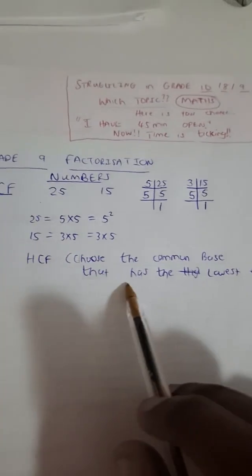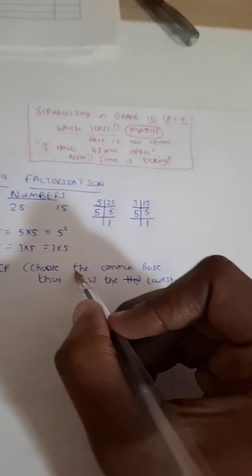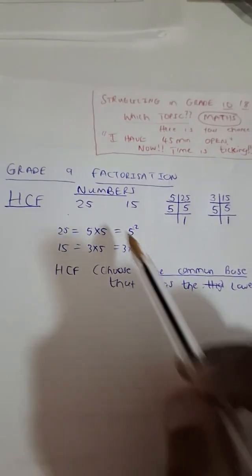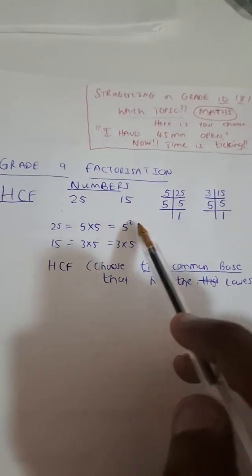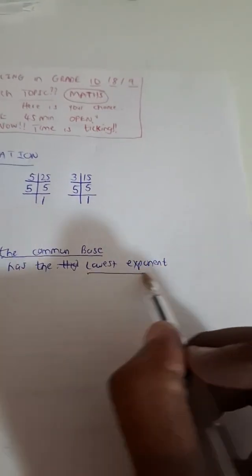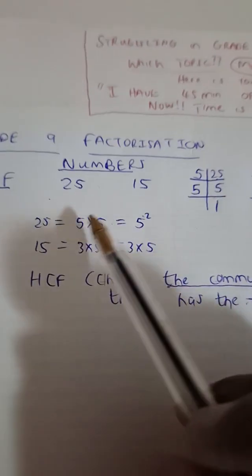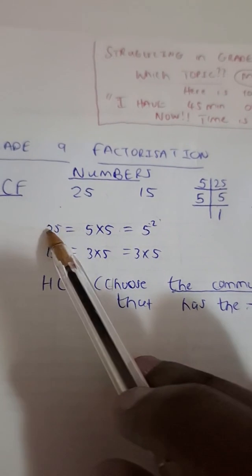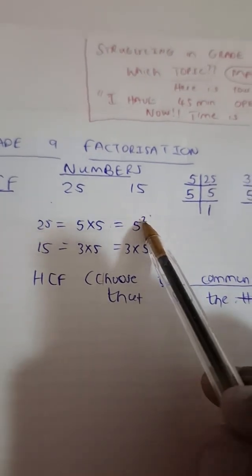Common base that has the lowest exponent. And here lies the trick in factorization: between two numbers, we are always going to be choosing the common base that has the lowest exponent. So if we look at 25, the prime factors of 25 are 5 squared.